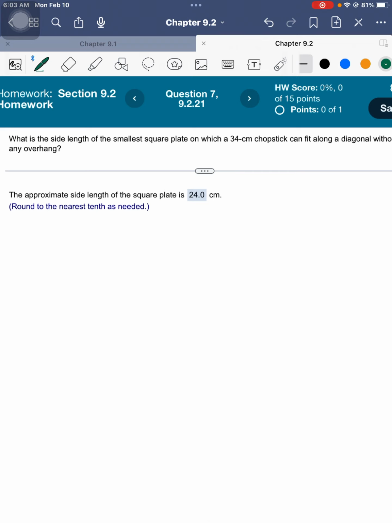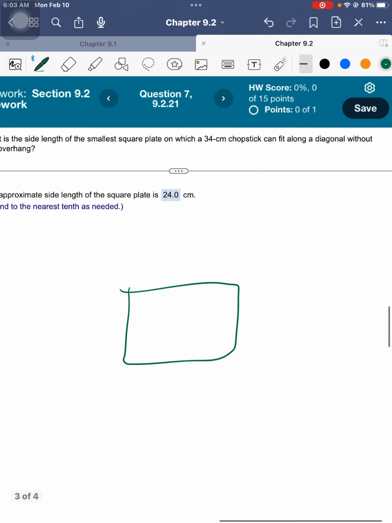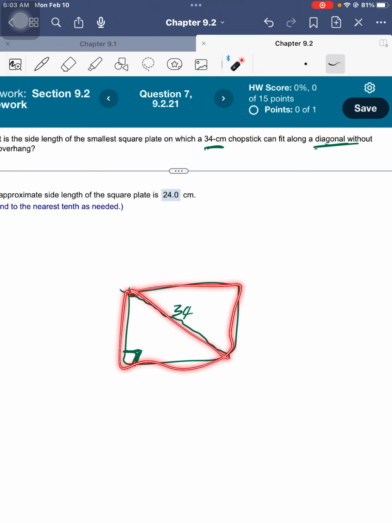So what is the side length of the smallest square plate on which a 34 centimeter chopstick can fit along a diagonal? So that means this is 34. Since it's a square, I already know that a diagonal is going to bisect the angles in a square, right? We know that. In a square, the diagonals bisect the angles.